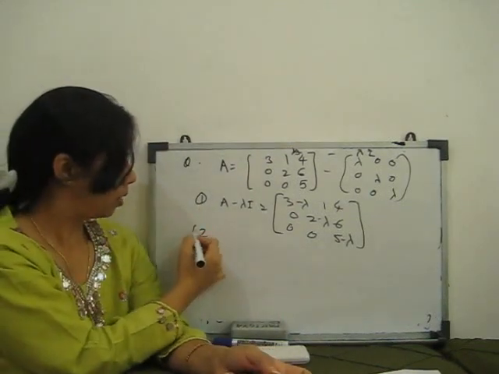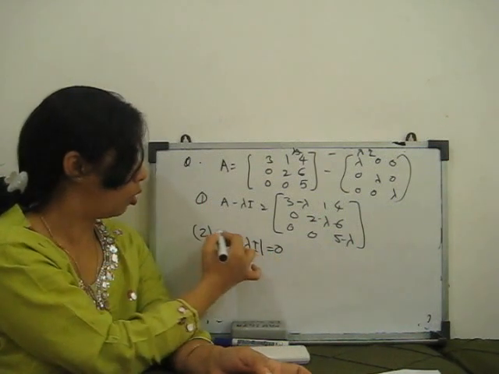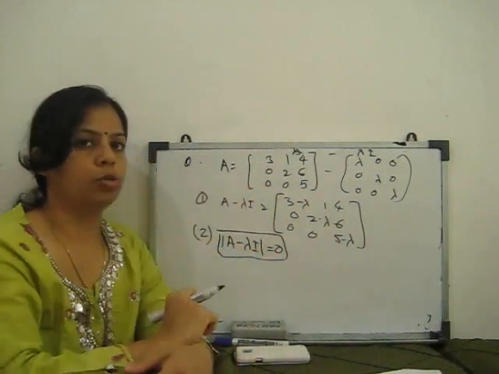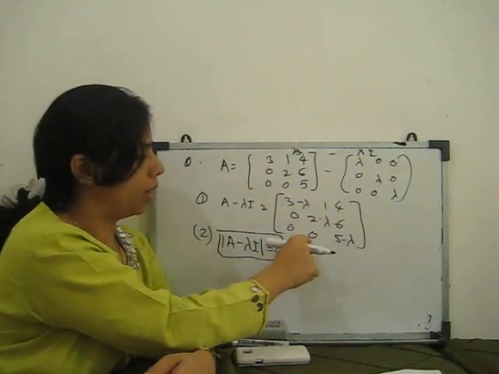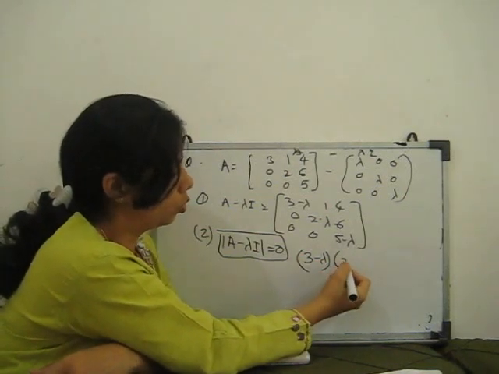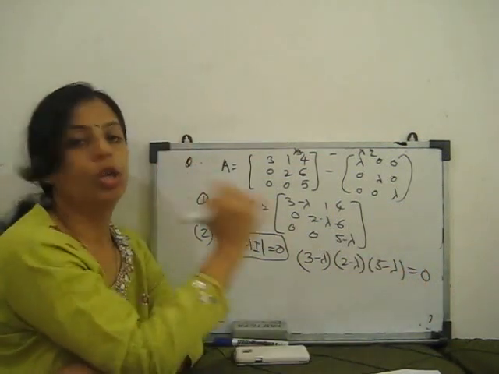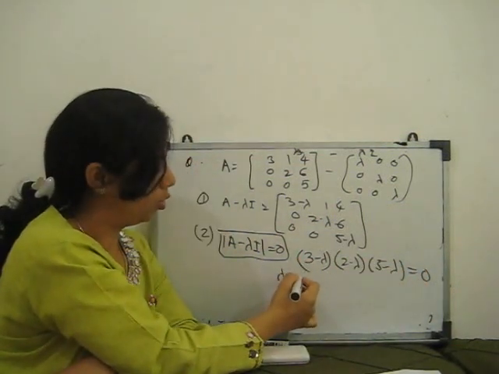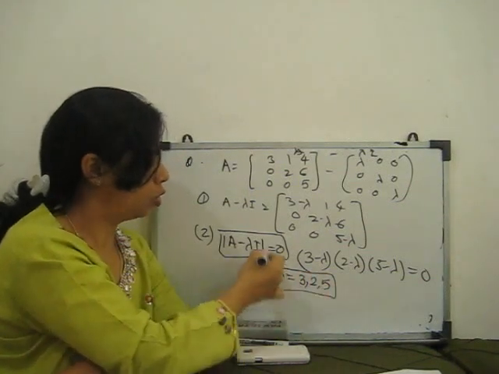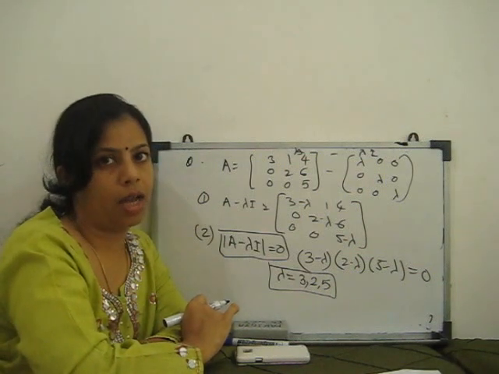Second step, find the determinant of A minus lambda I equal to 0. Using this relation, the determinant is always equal to 0. When you compute the determinant, your equation comes out as (3 minus lambda)(2 minus lambda)(5 minus lambda) equal to 0. So this gives the corresponding values 3, 2 and 5. We see here 3 distinct values for lambda are coming.